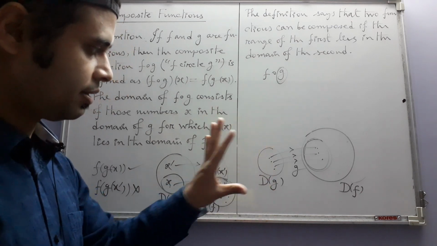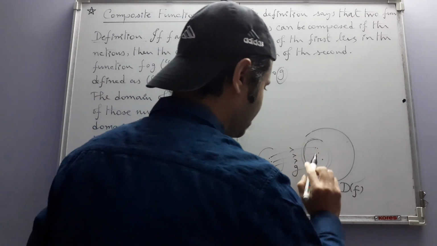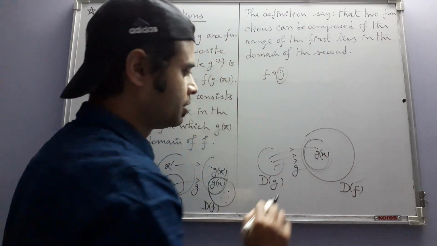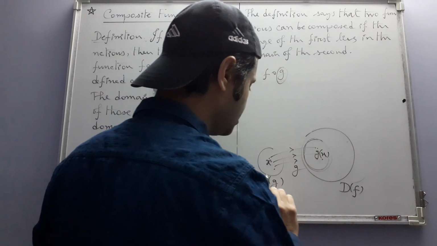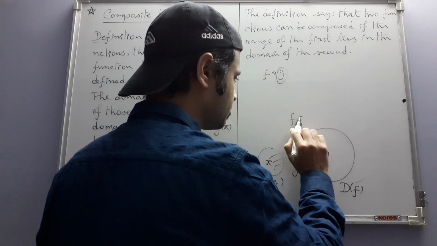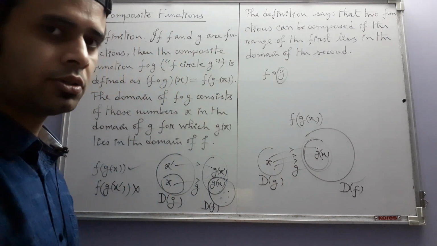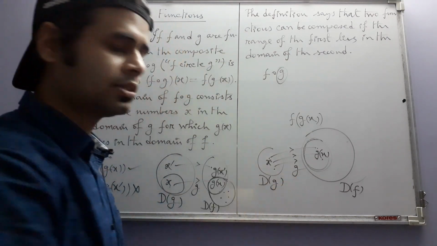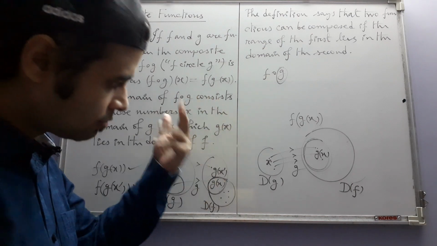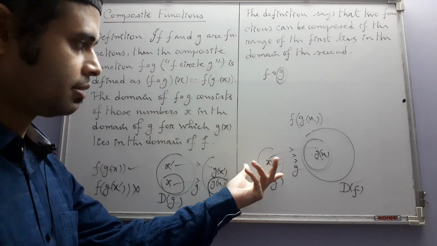It will be the entire domain of g, because now every g of x lies in the domain of f. So for every x in D g, you can form f of g of x. There is no problem with any x in the domain of g, and the domain of f circle g is equal to the domain of g. That is the biggest domain possible, and that can be taken.